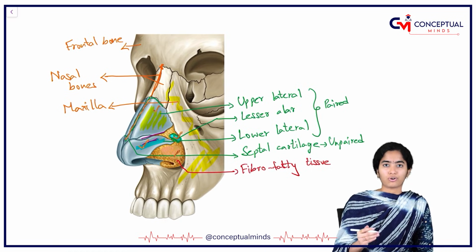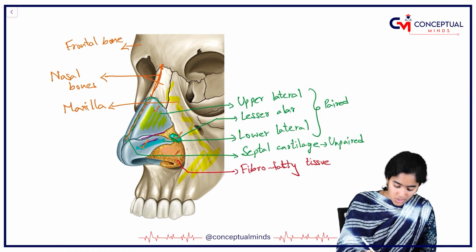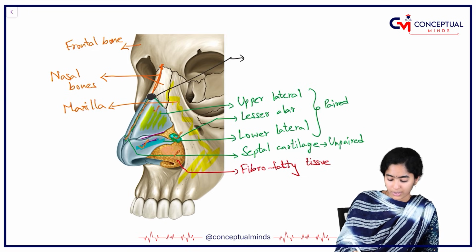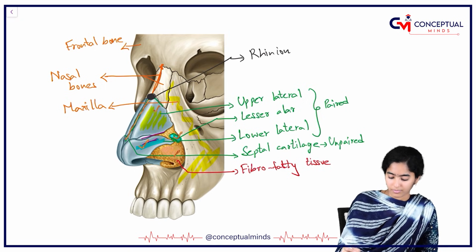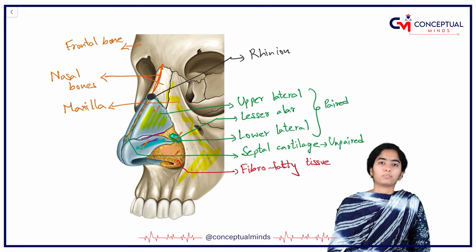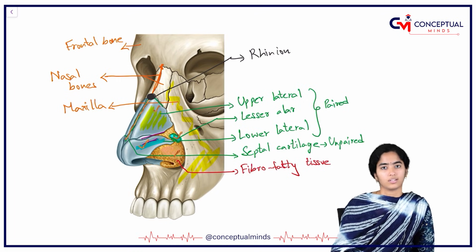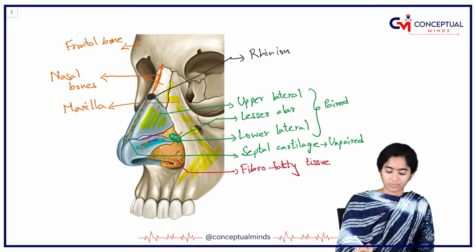At the junction of bone and cartilage, this point of the nose is called rhinion. That point between the bony and cartilaginous part of external nose is called rhinion.